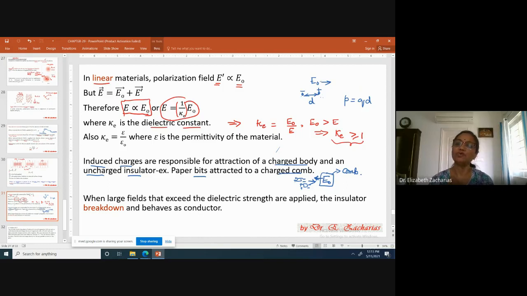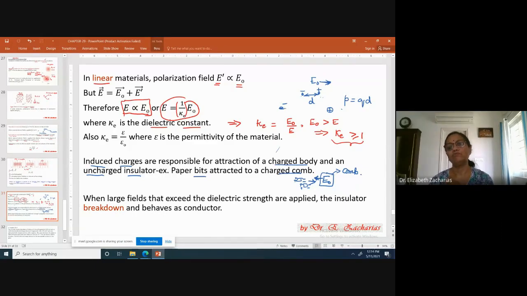Now what happens when you keep on increasing the field? They will not go like this infinitely away from each other. At some stage, single electrons will get sufficient energy to simply get knocked out, and what remains will be the positive ion.